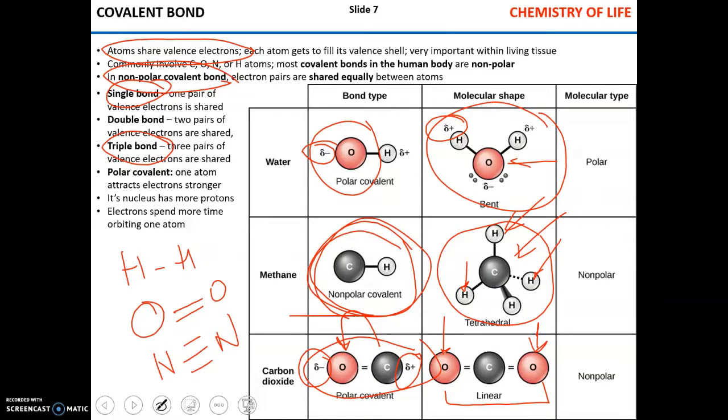So in this case, bonds are not polar. Okay? Sorry, not bonds. The molecule is non-polar. Basically, in the polar covalent bond, electrons orbit one atom more than they orbit another.